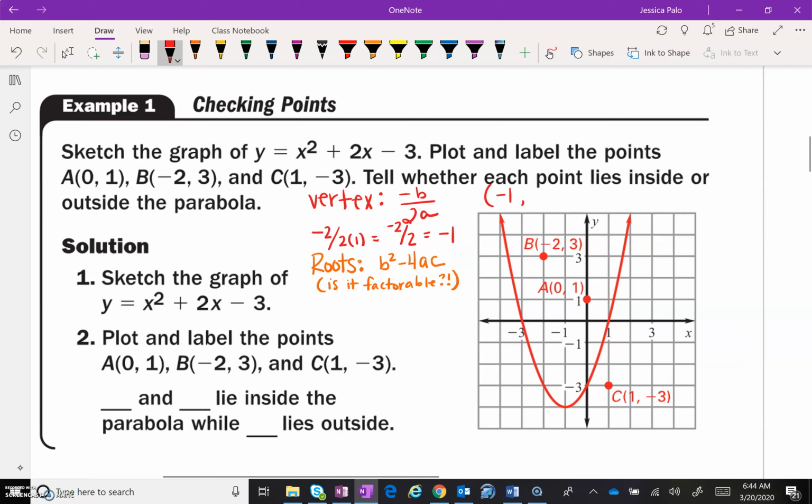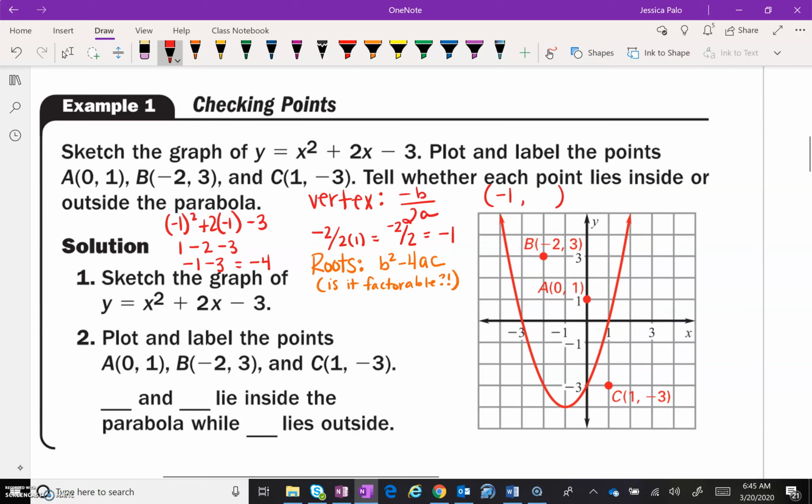Now, in order to find the y-coordinate of our vertex, you need to go back and plug it into the original equation. So we have negative 1 squared plus 2 times negative 1 minus 3, which would give us 1 minus 2 minus 3, which gives us negative 1 minus 3, which gives us negative 4.